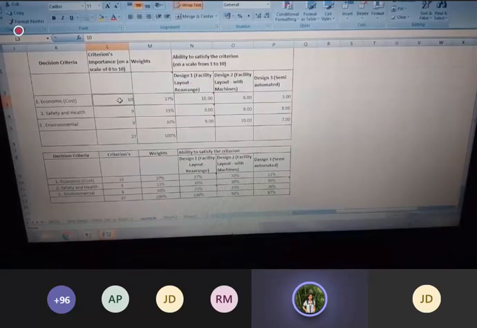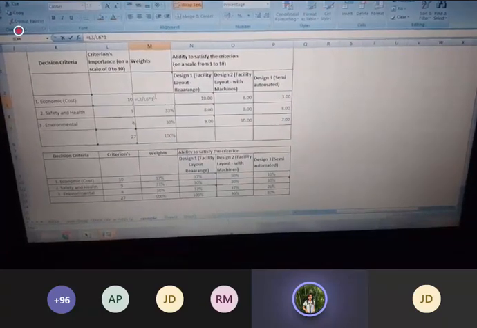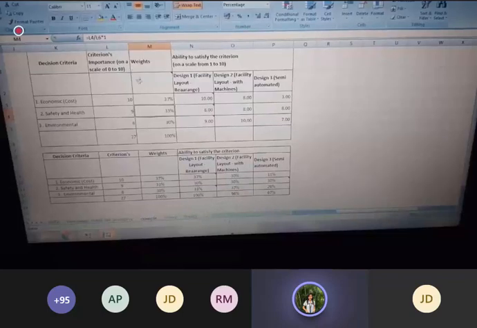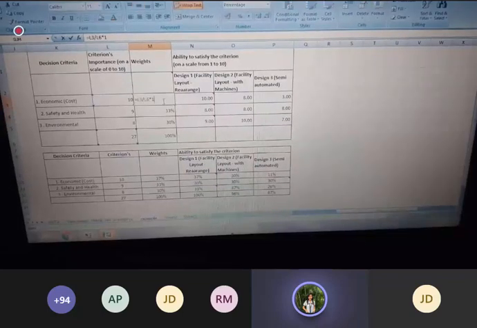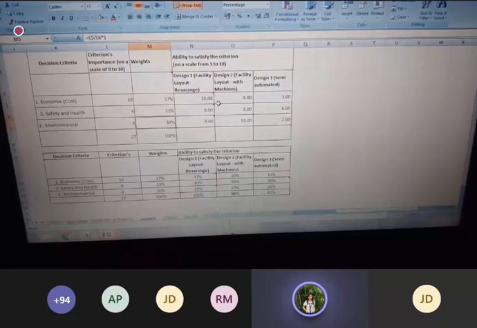So 10, then 9 and 8. It would automatically give weights based on the level of criterion set by the client, or the perspective of the client.